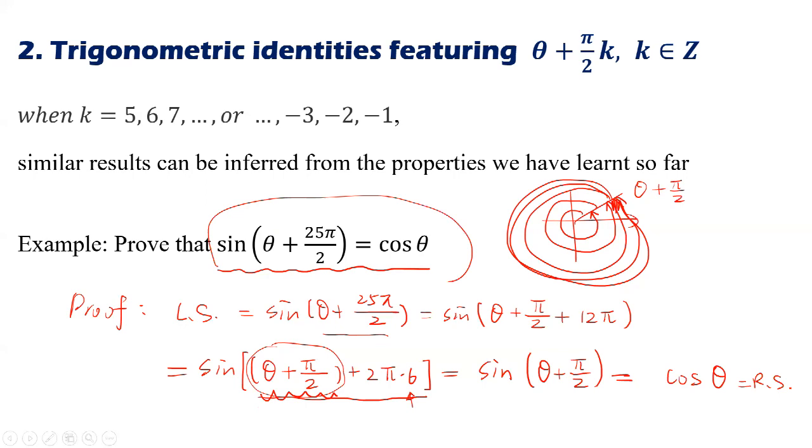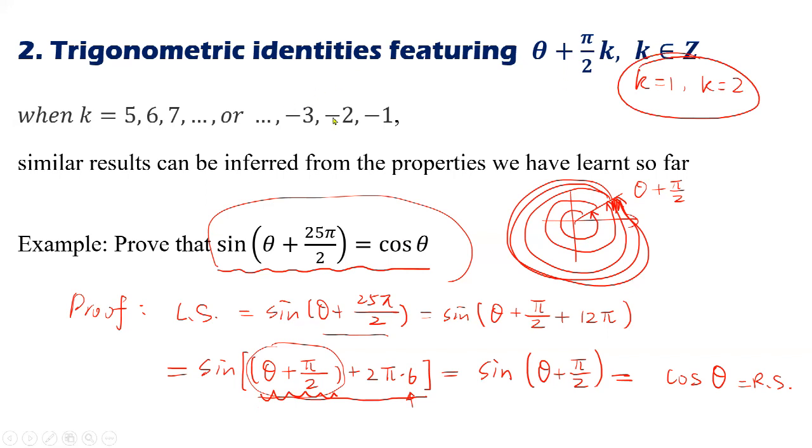Okay, any questions? So this means when k is 5, 6, 7, or -3, -2, -1, or other integers, we can also evaluate the trigonometric ratios using the identities we have just learned. For your convenience, I think you only need to remember when k is 1 and when k is 2.